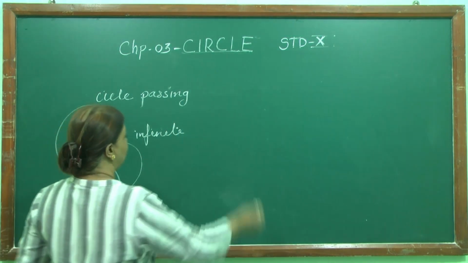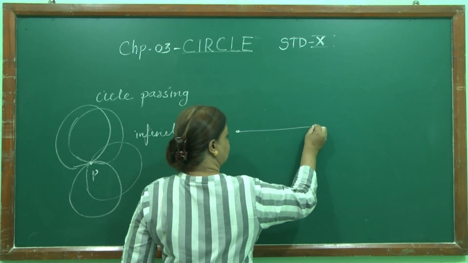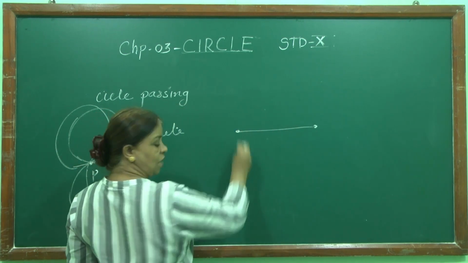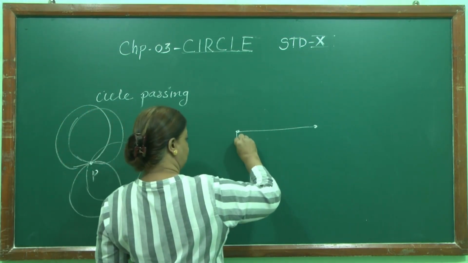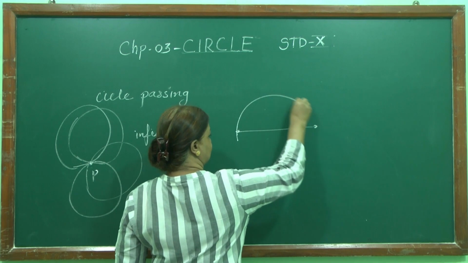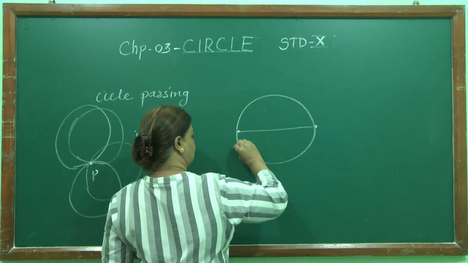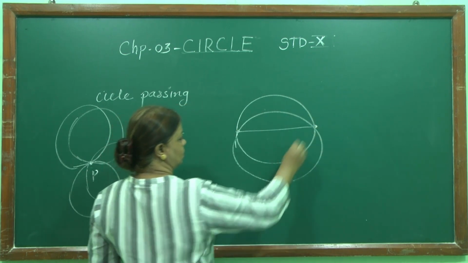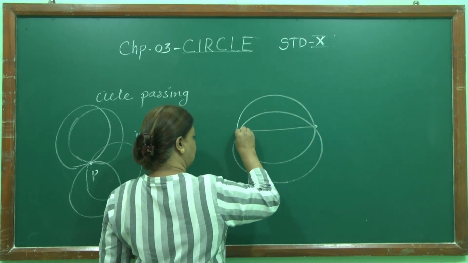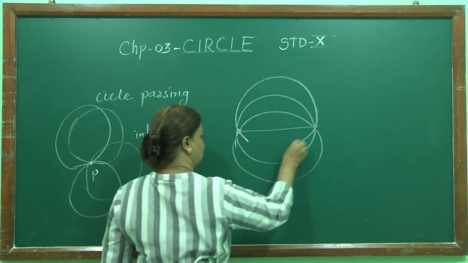If there are two points, you can draw so many circles which will be passing through two points.